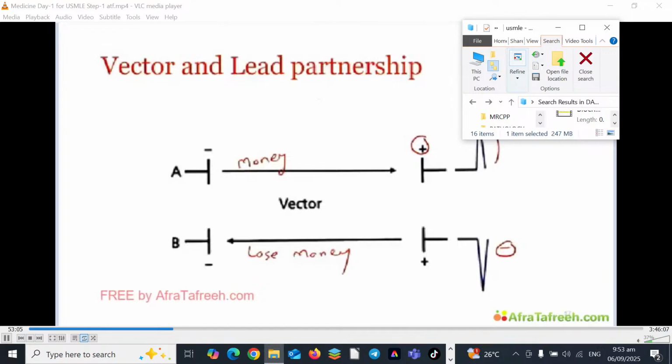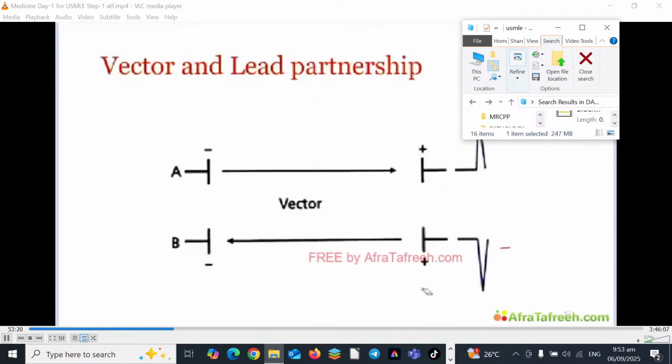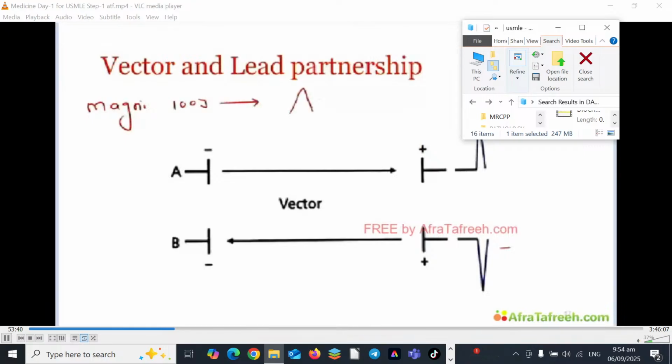All right, great. So when you understood this, understand one more concept. This is the concept of direction. That means if it goes towards the electrode, it gives a positive spike. If it goes against, it gives a negative deflection. Okay, this was direction. Now you understand the magnitude. If 100 joules of electricity reach a particular area, it will give rise to one spike.